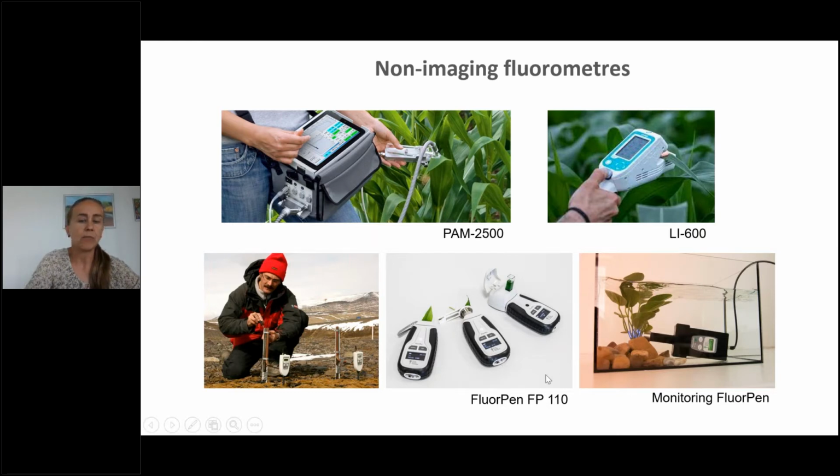Let's say more simple solutions that specifically focus on chlorophyll fluorescence, or are solely designed to measure chlorophyll fluorescence kinetics, are different versions of so-called FluorPen tools that are manufactured by PSI.